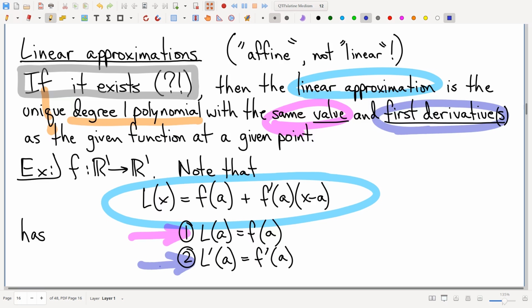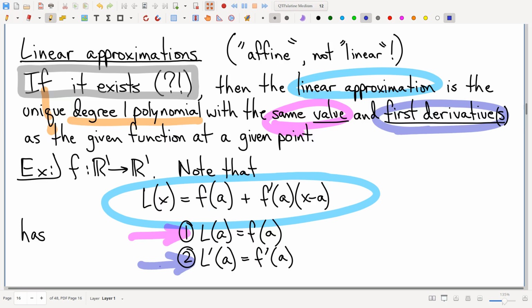This is copying f. This is tracking and tracing and impersonating f as best as is possible, because it's got the same value and the same derivative. Everybody buy that? Y'all remember, way back when, that's what linear approximations are for.